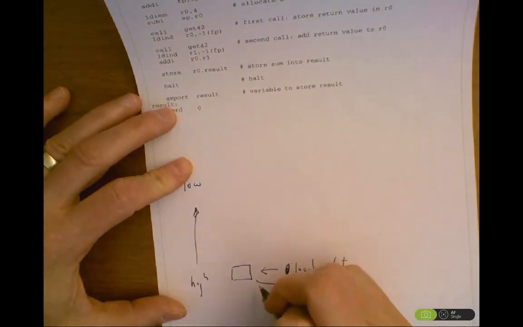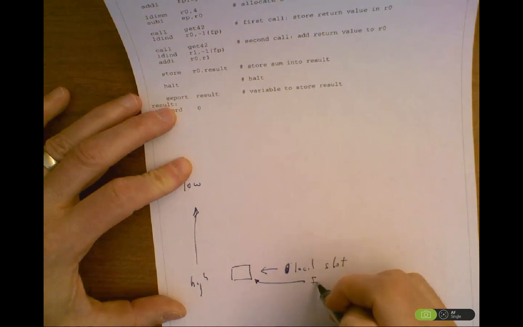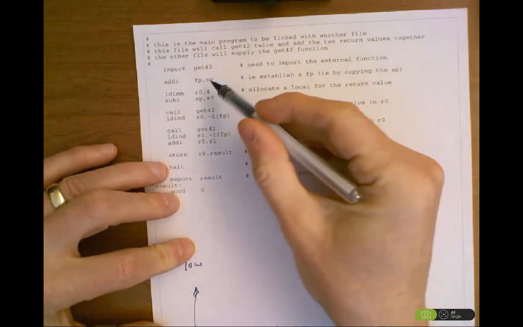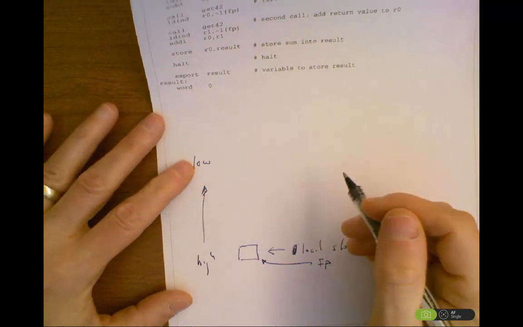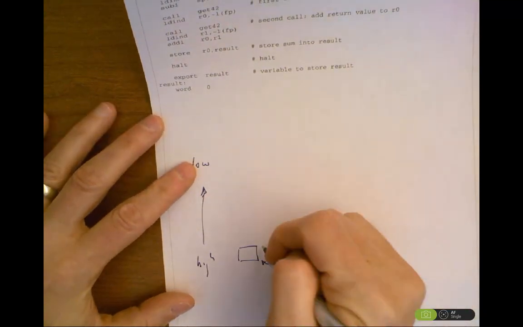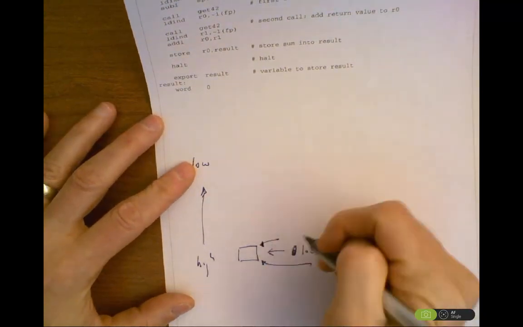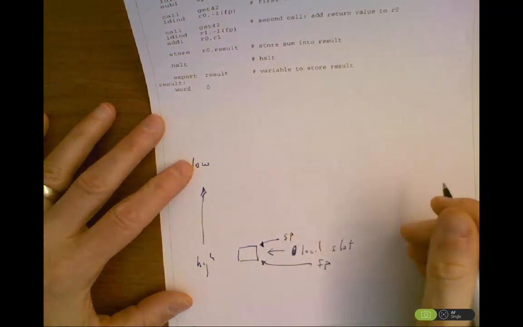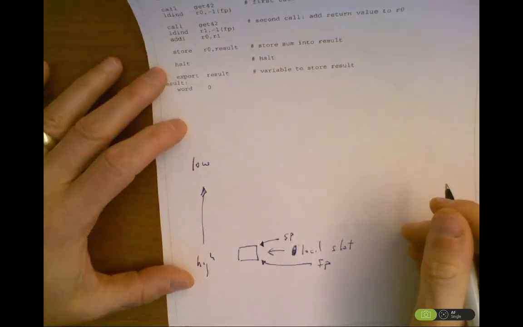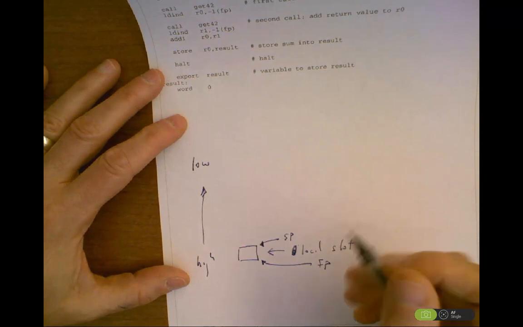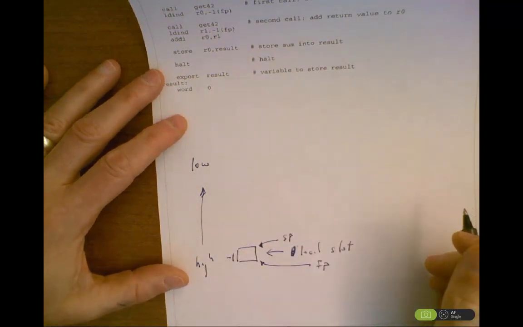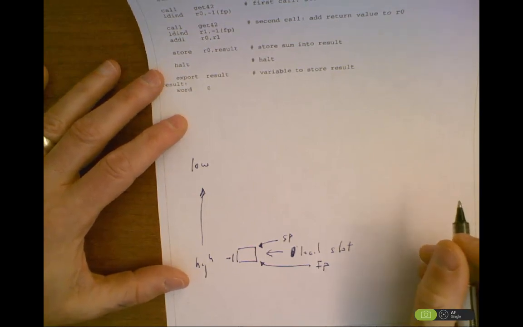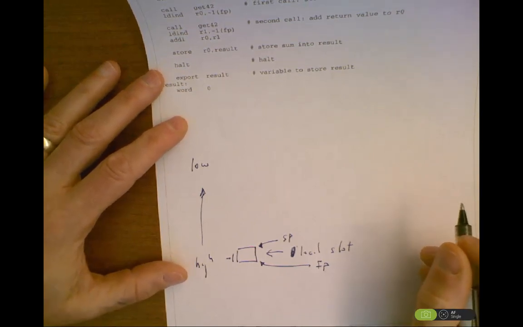The frame pointer still points here to where it was initialized up in this instruction. The stack pointer has been subtracted. It points down here. Okay, and the -1 will point to that local slot, which by convention is where a return value is placed.